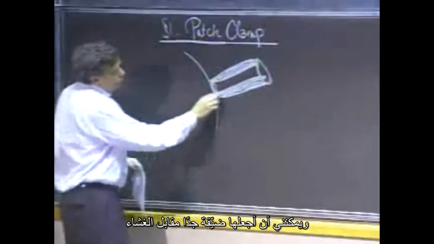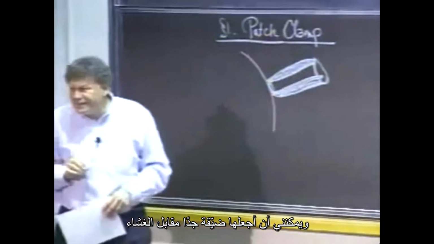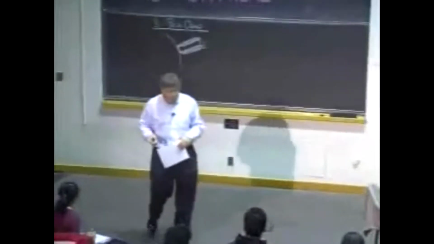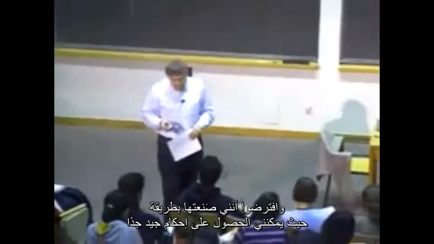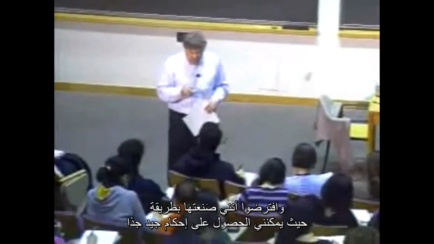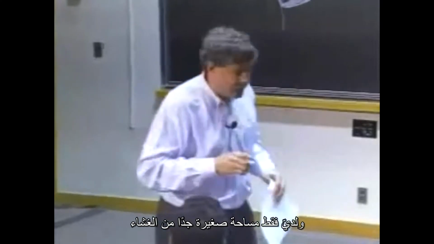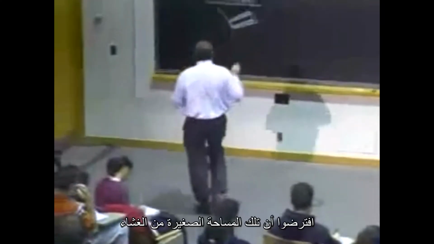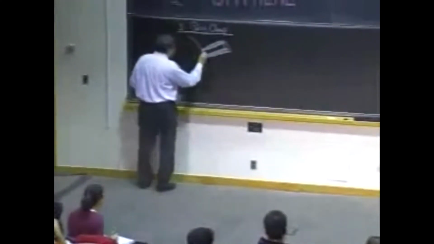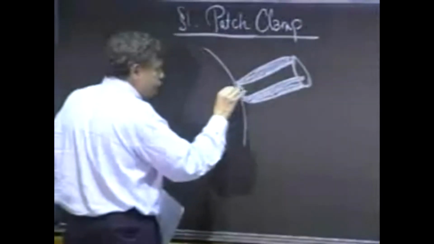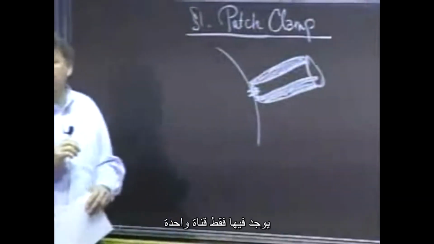And I could bring it up really tight up against the membrane. And suppose I did it in such a way that I could get a really great seal. And I just have a teeny patch of membrane. Suppose that teeny patch of membrane had just one channel in it.